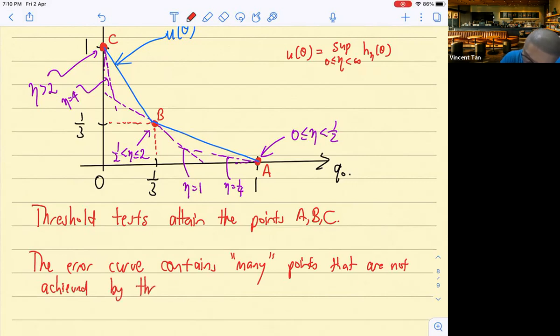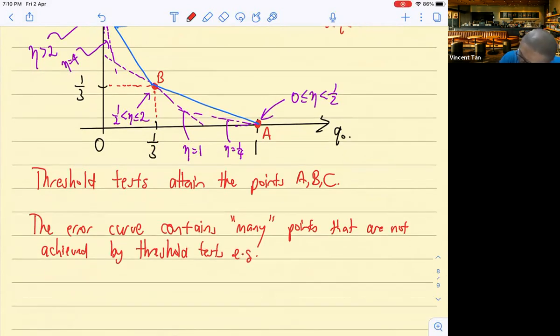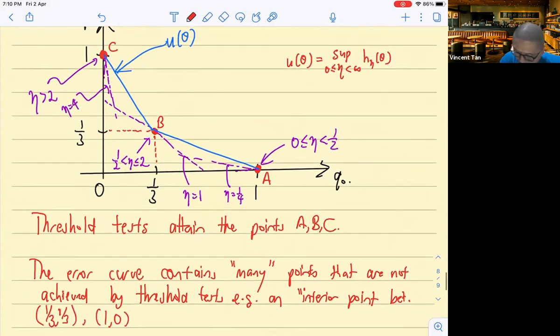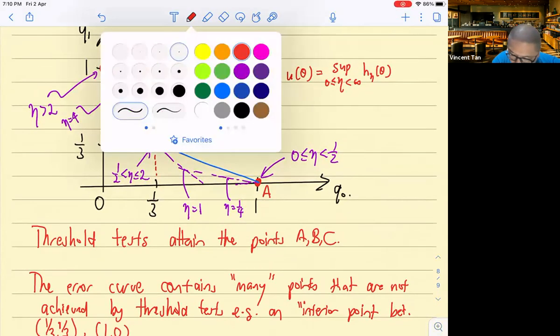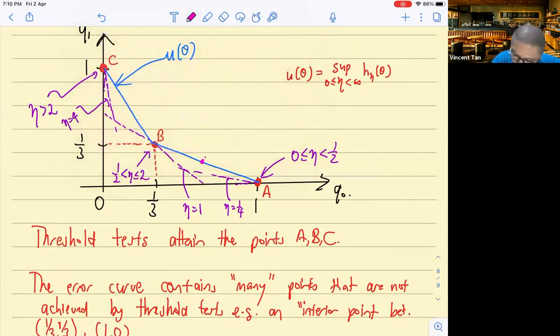For example, an interior point between 1/3, 1/3, and 1, 0. For example, if I have this special point here, this is not attained by a threshold test.